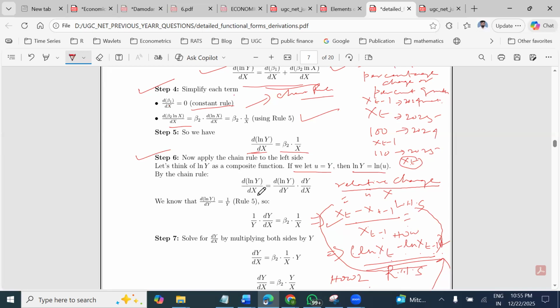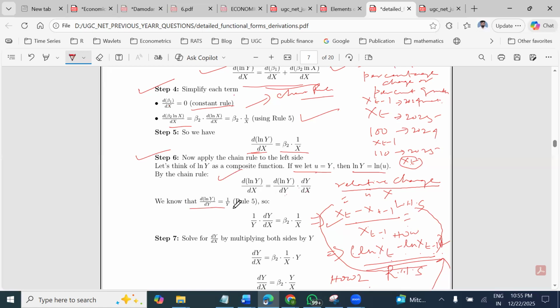Now, as Sangeeta had asked earlier, how we decide which one is u, here y is directly u. So d ln y with respect to dx we are calculating. First we differentiate with respect to y, but again we have to differentiate with respect to x also. So that is why it is d ln y upon dy into dy by dx.